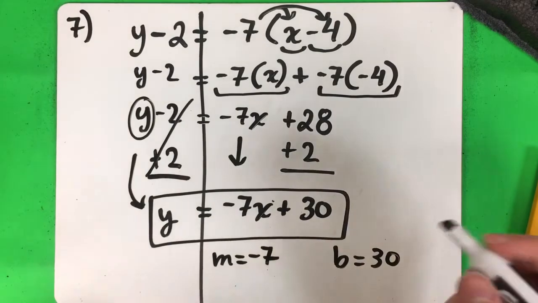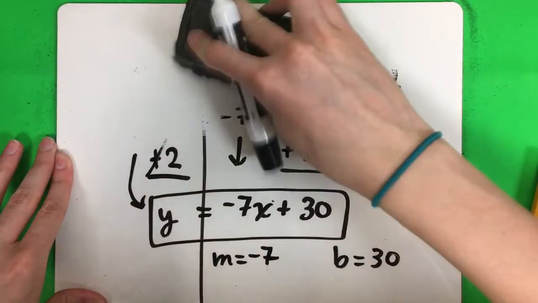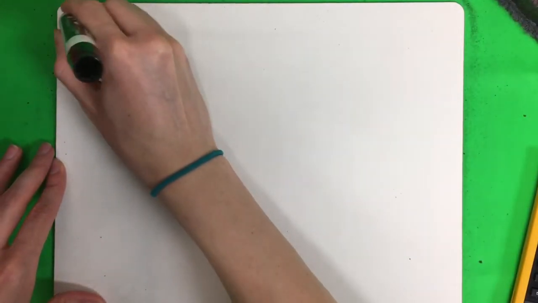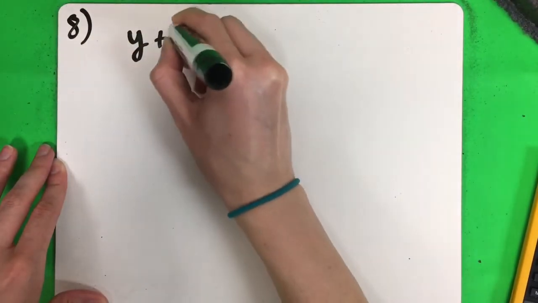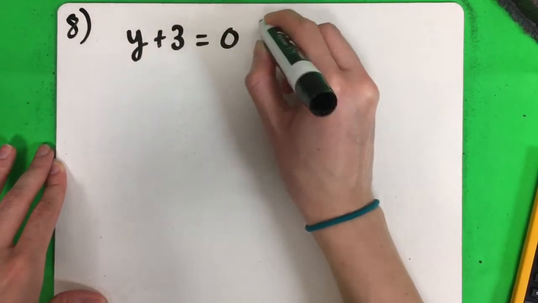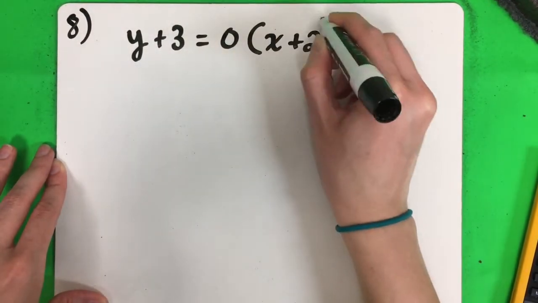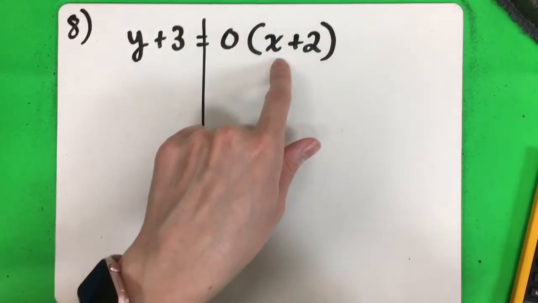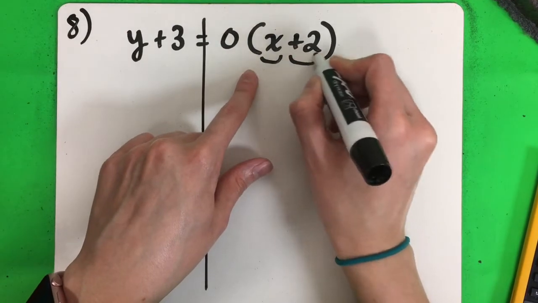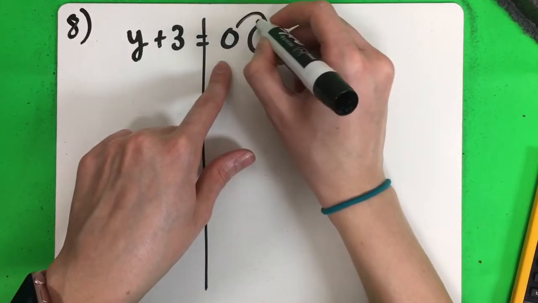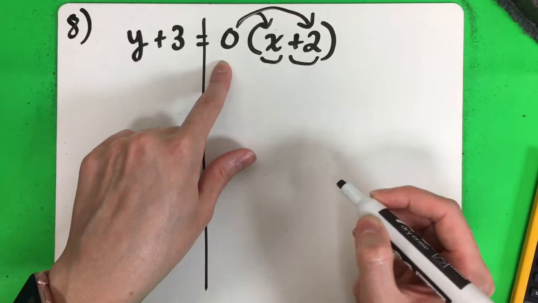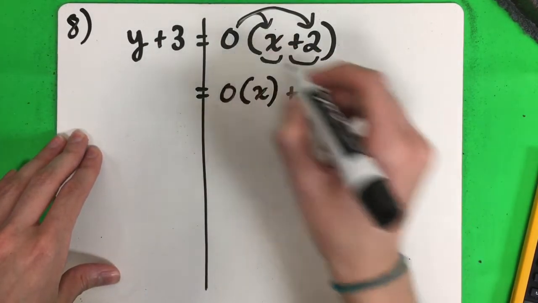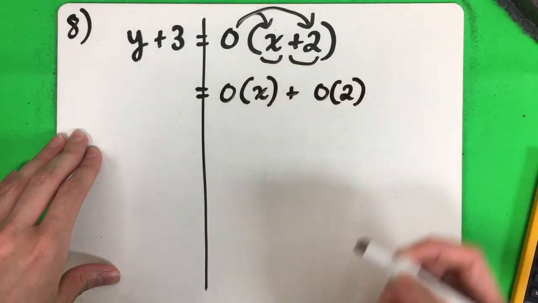Okay, let's try number 8. y plus 3 equals 0 times x plus 2. Draw the line. Parenthesis first, what's inside? I have x and positive 2, so I'm going to do 0 times x and 0 times 2. So 0 times x plus 0 times 2.